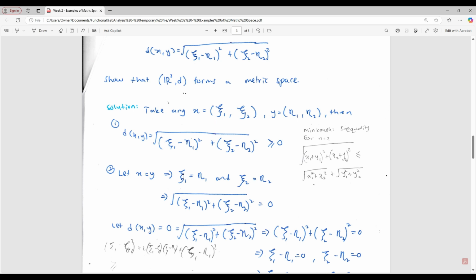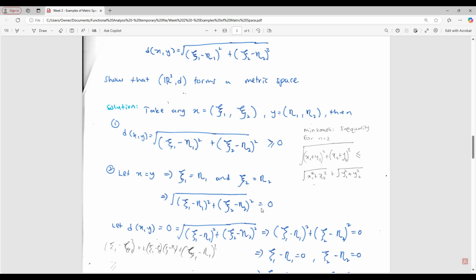Therefore psi 1 must be equal to eta 1, and next, psi 2 is equal to eta 2. With this condition, when we substitute into our metric, it has to be equal to 0. So we satisfy the first part of the second property.